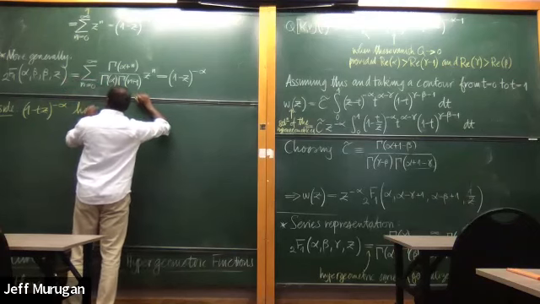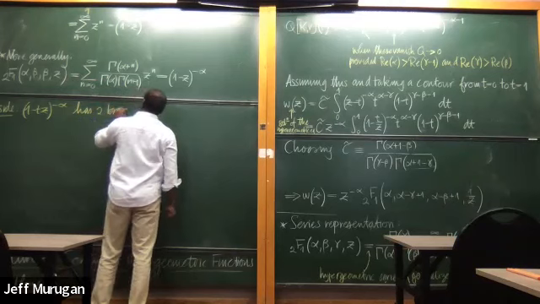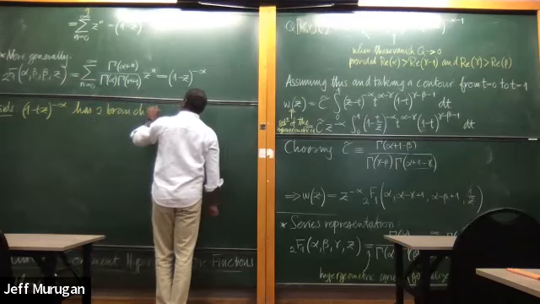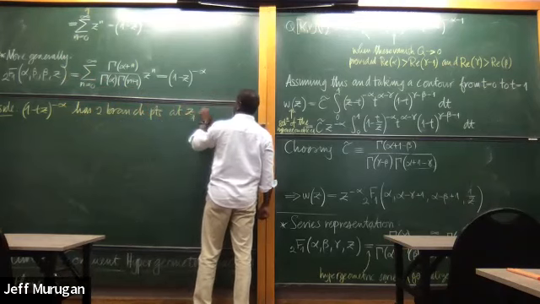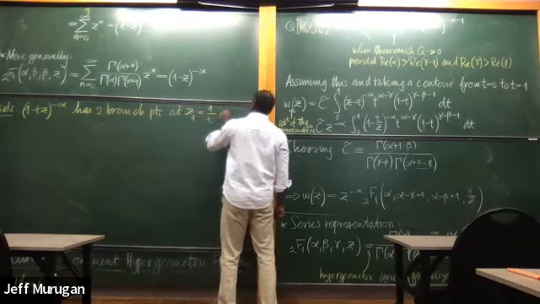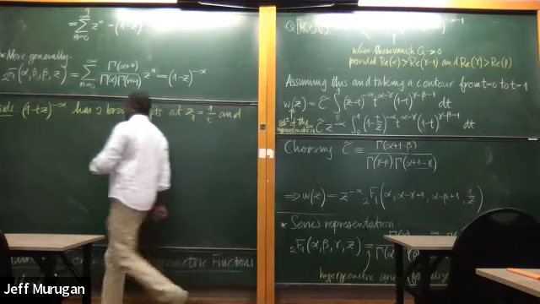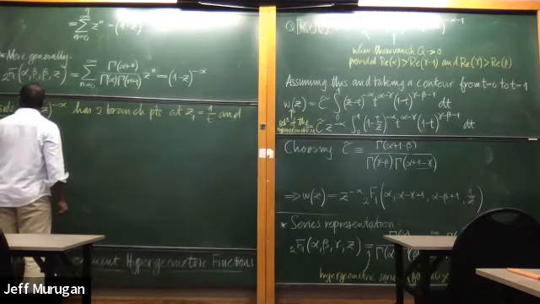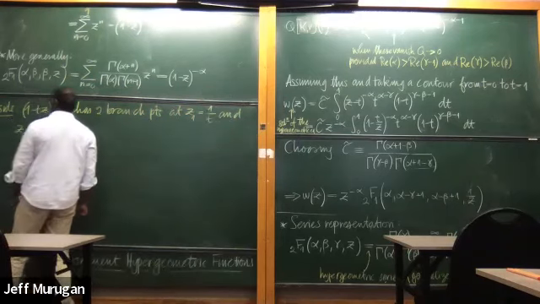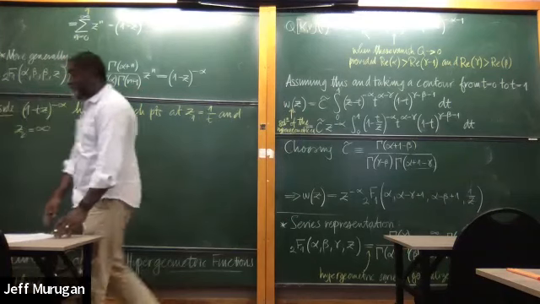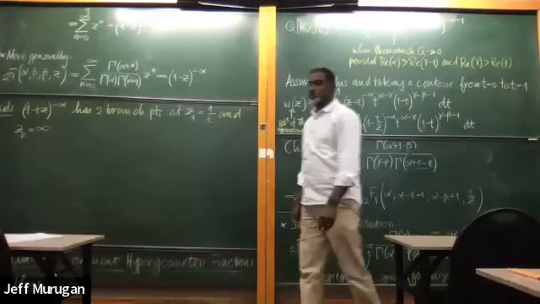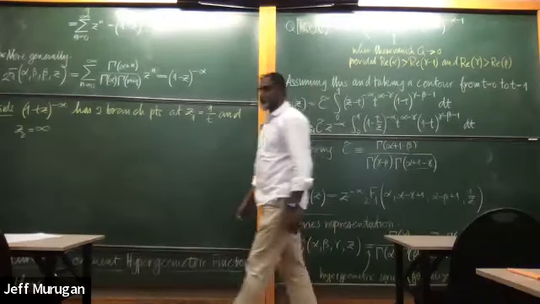It has 2 branch points, at z1 equals 1 over t and z2 equals infinity. The integral runs from t equals 0 to t equals 1 in our general integral representation.